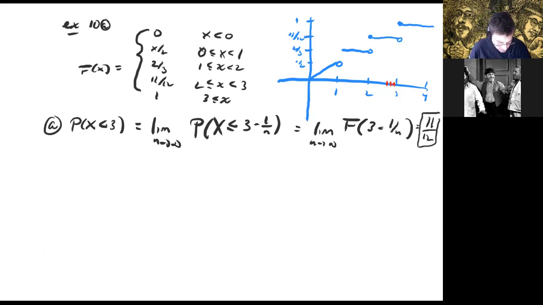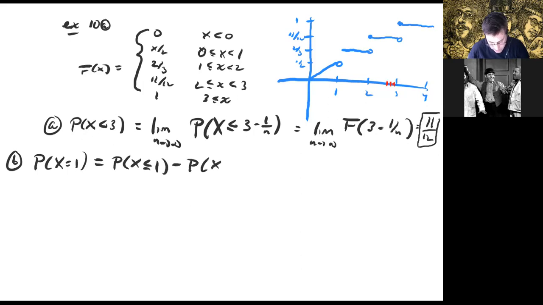Let's look at part B. Part B is the probability that x is exactly equal to 1. How do we compute that from the CDF? What you do is, this is the same thing as the probability that x is less than or equal to 1 minus the probability that x is strictly less than 1.